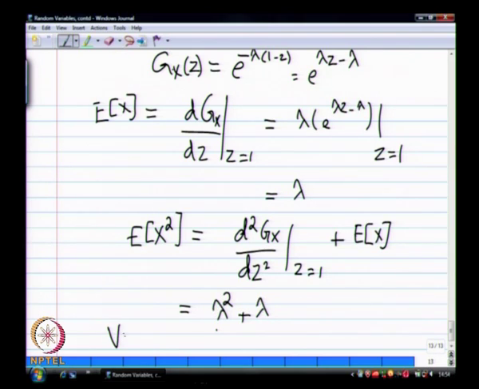Then if you remember, my variance is the second moment minus lambda squared, because remember, variance is the expectation of x squared minus the expectation of x, whole squared. Therefore variance and mean are one and the same, and that is how you derive that.